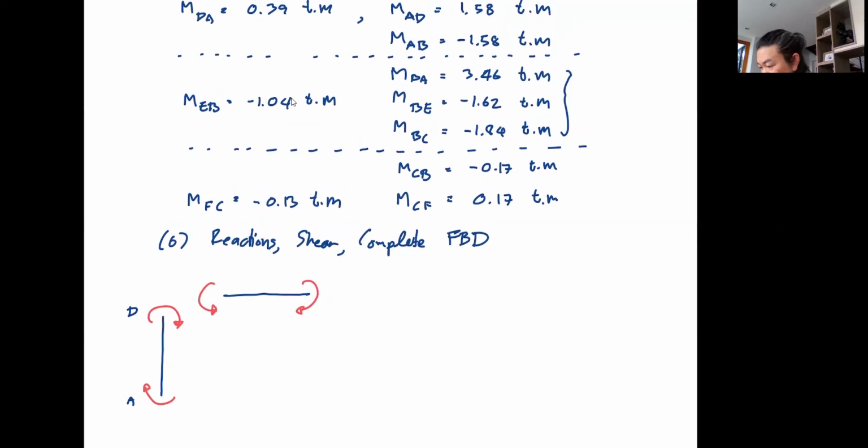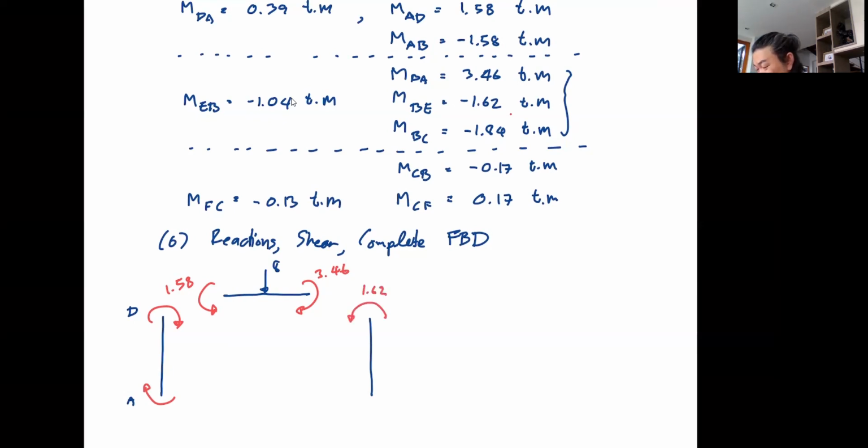And don't forget that you have 8 tons as well, and 1.58 here, and then this is 3.46. The next one is BE. BE is negative, so it is counterclockwise, 1.62.